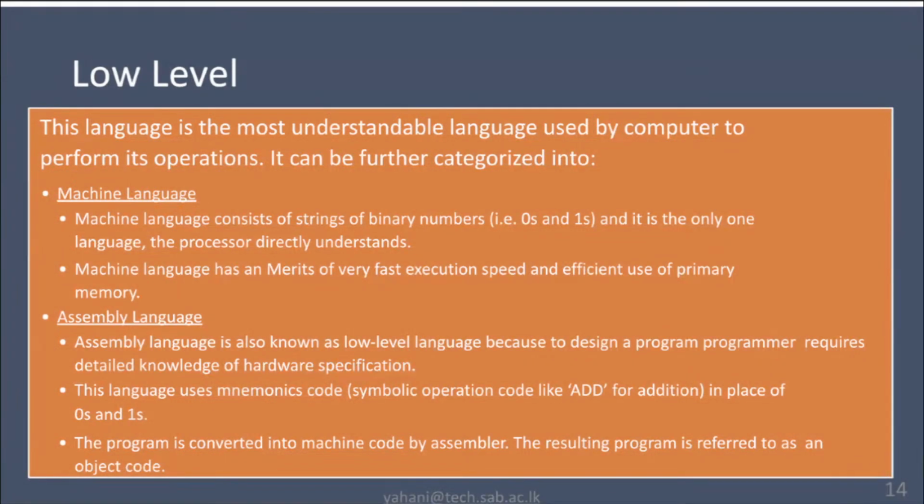If we give instructions in machine language, it is with zeros and ones, and the processor can understand it easily. Machine language has the merit of very fast execution speed and efficient use of primary memory. That means machine languages can be understood easily and executed fast.